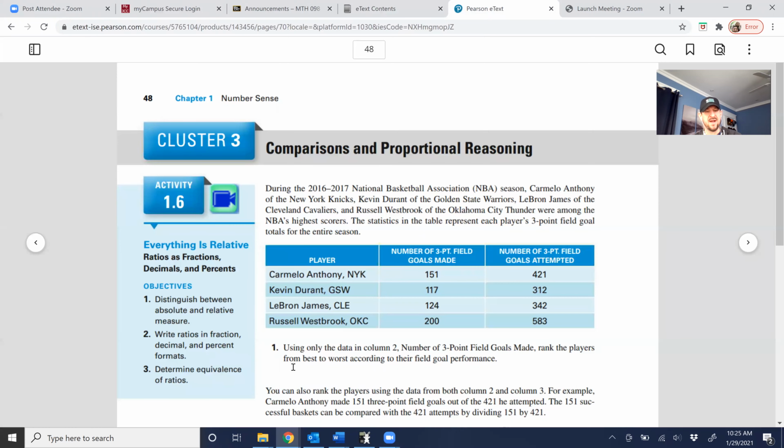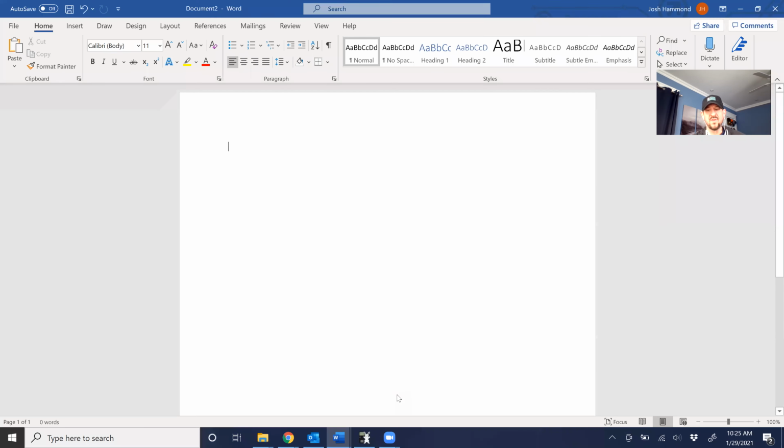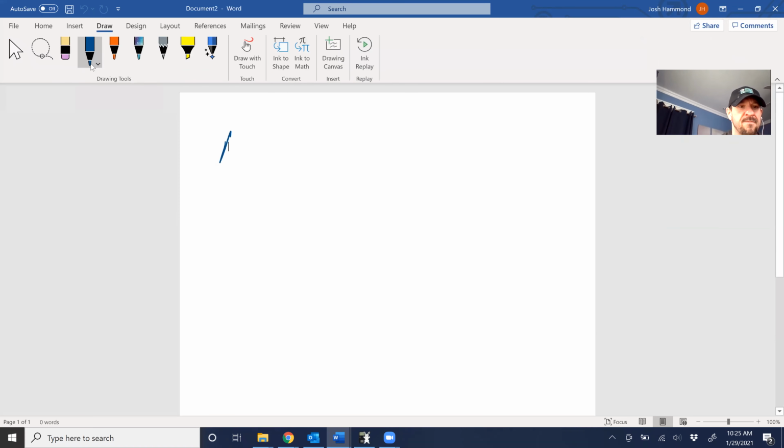So let me talk a little bit about the difference between absolute and relative measure. Absolute measure is just a measurement, right?